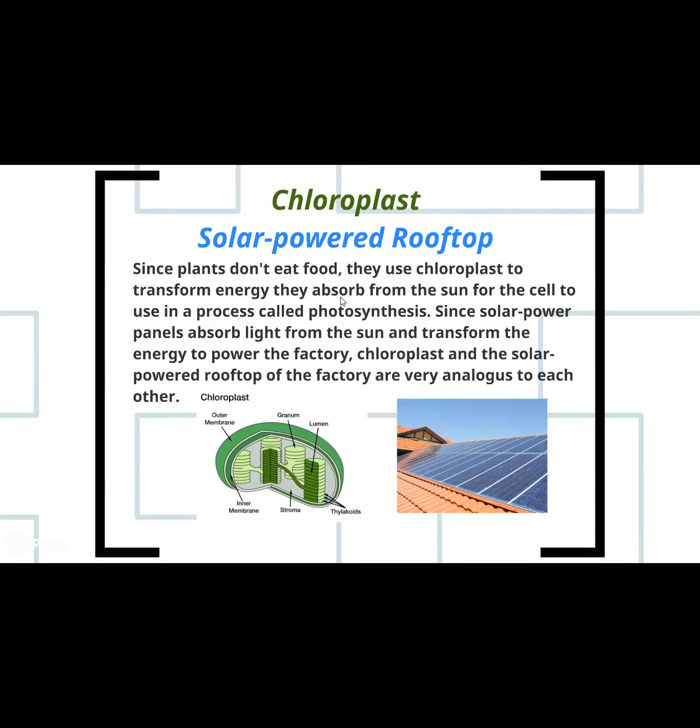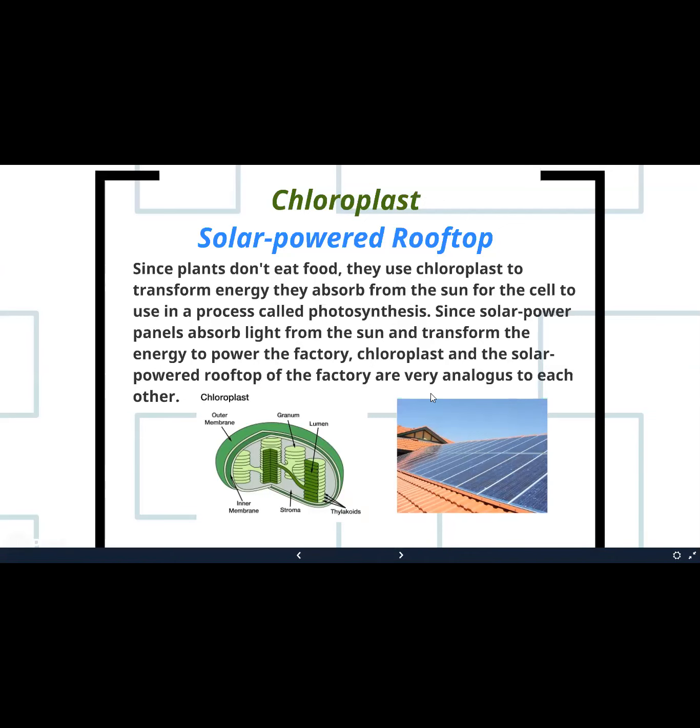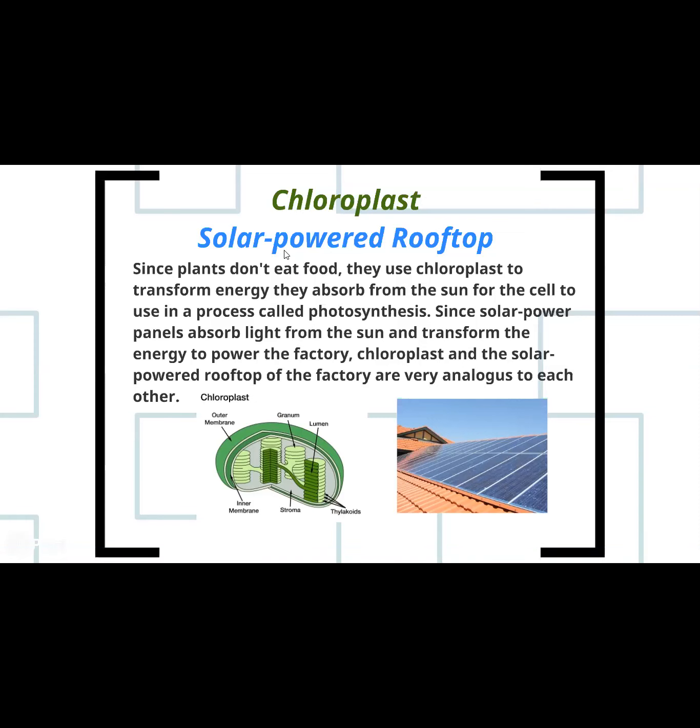They transform energy they absorb from the sun for the cell to use in a process called photosynthesis. Since the solar power panels absorb light from the sun and transform the energy to power the factory, the chloroplast and the solar powered rooftop of the factory are very analogous to each other. So they really need to put the term solar powered so that the function will be similar to the chloroplast.